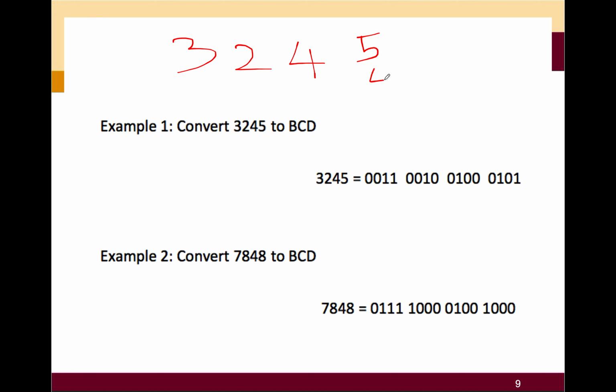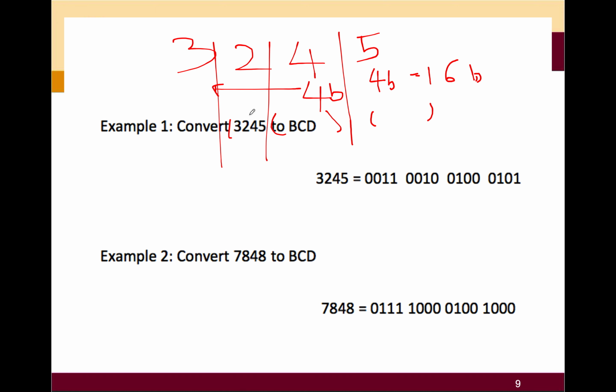This is 4 bits, this is 4 bits, and so on. Altogether you will get 16 bits. Each of them, 3, 2, 4, 5, needs 4 bits. So from here you will convert 5.